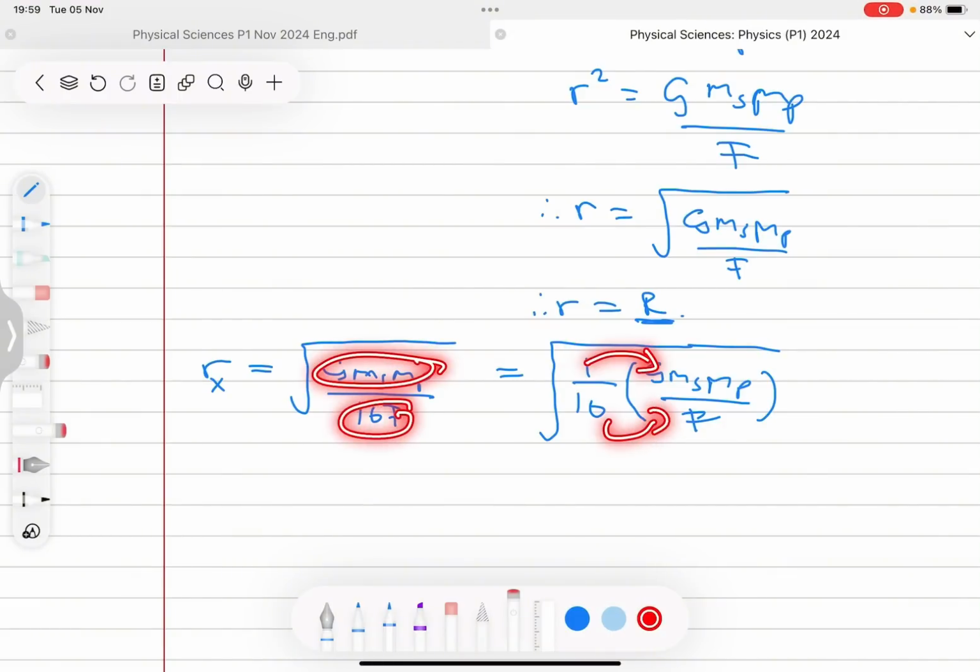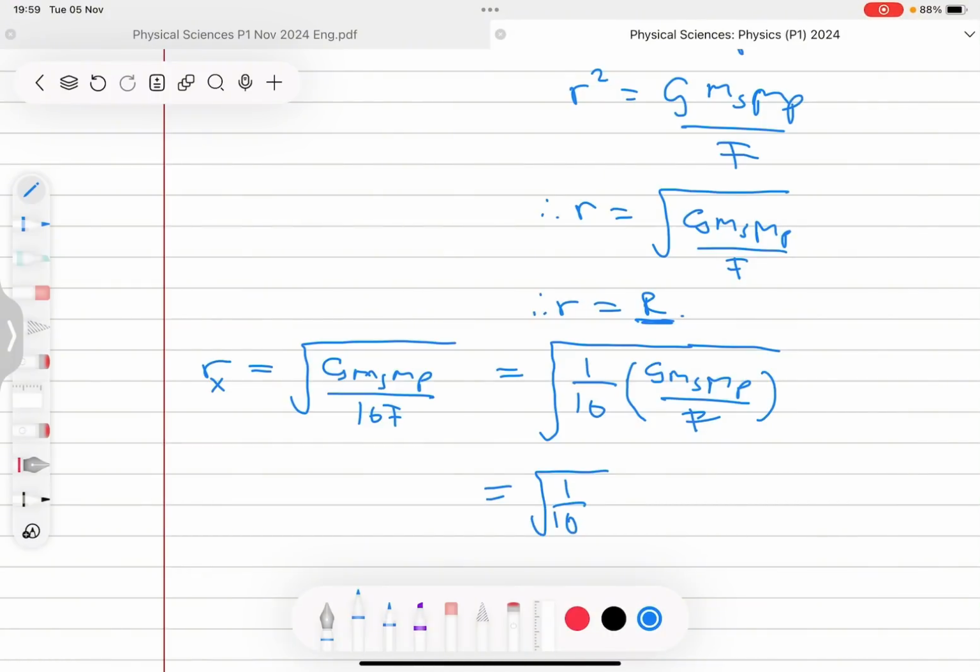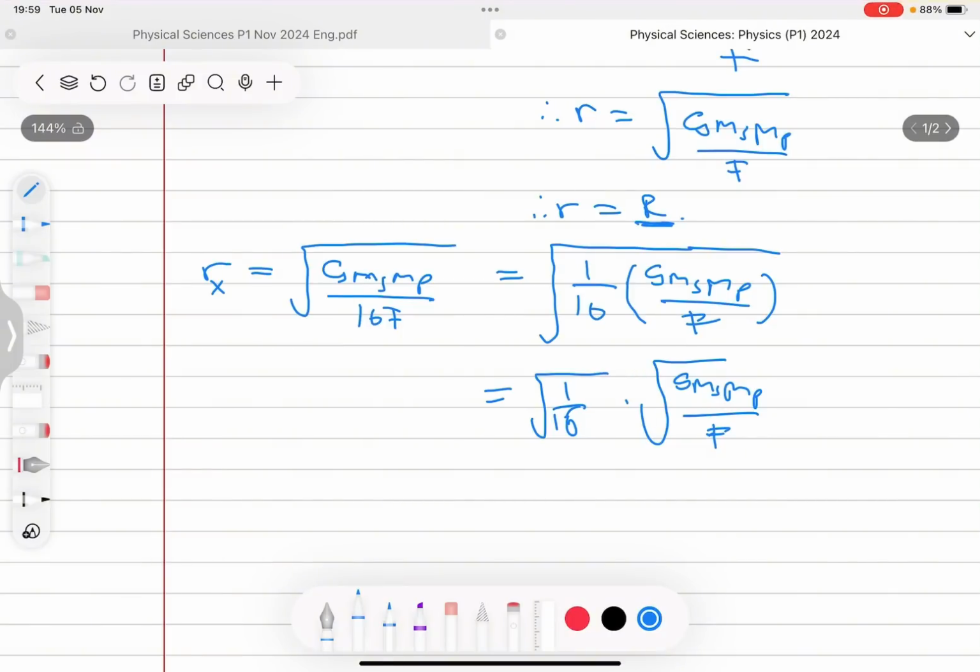If I multiply by 16, I'll get that. Now here I'll use the rules of surds from mathematics, we know that we can write this as the root of 1 over 16 times the root of G Ms Mp over F. Now, if you take the root of this, you can use your calculator, it should give you 1 over 4.